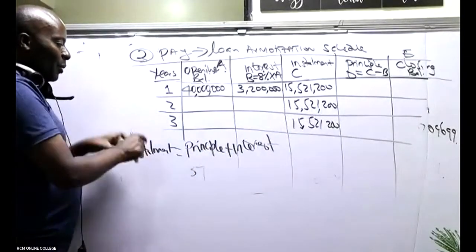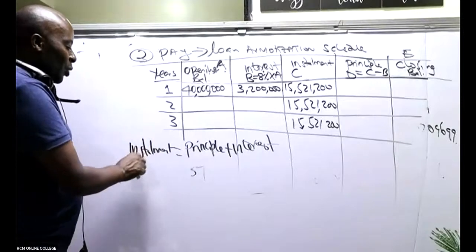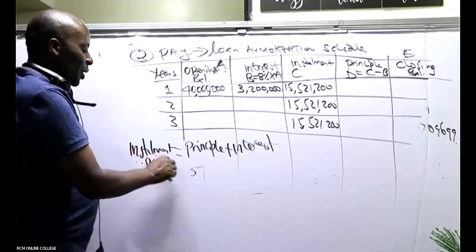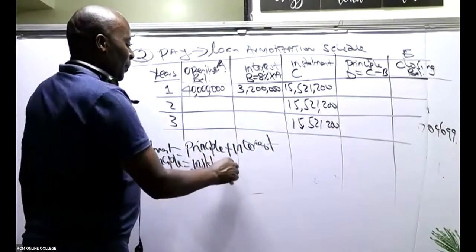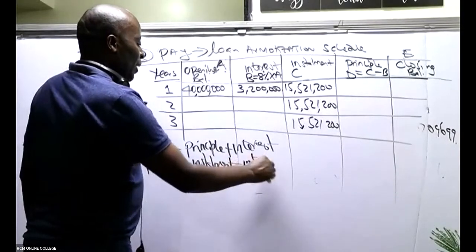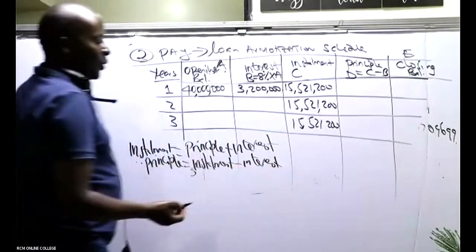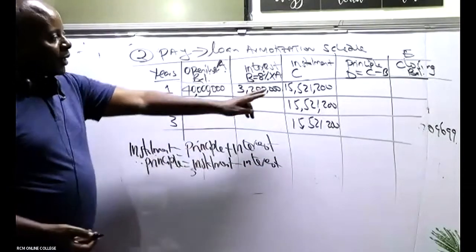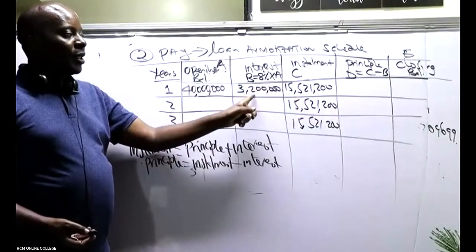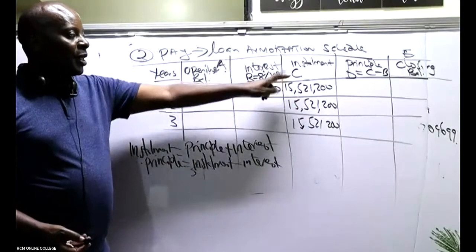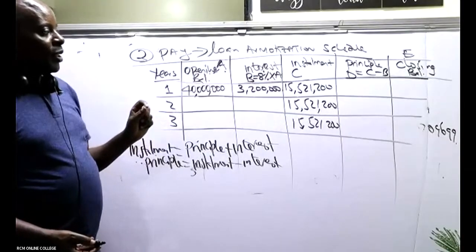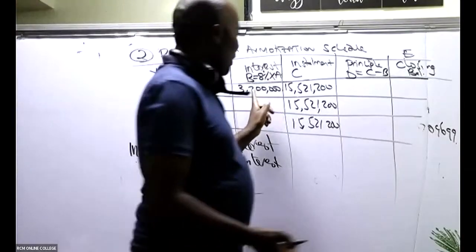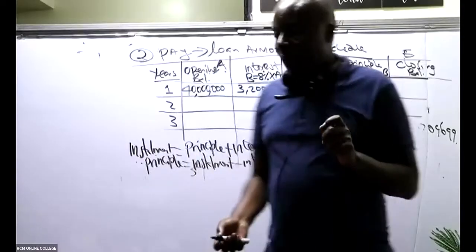Now that I have installment and I have the interest, to get principal is very easy. To get principal, I will take the installment minus interest. So I will take the installment that I have paid minus the interest. Basically, I'm taking column C minus column B. Interest is column B. So in this case, 15,521,200 minus 3.2 million gives me how much principal?